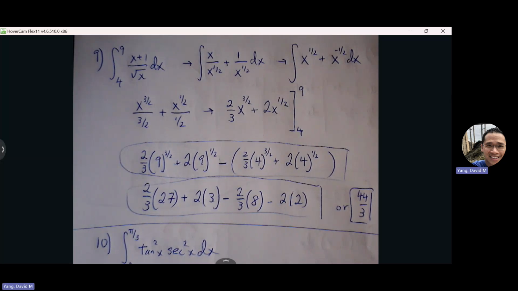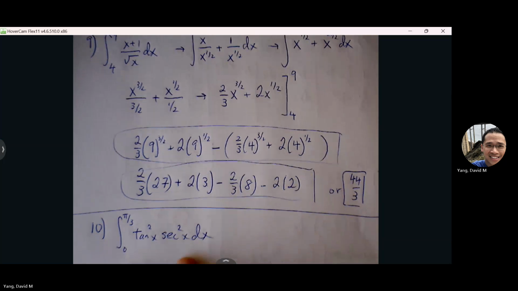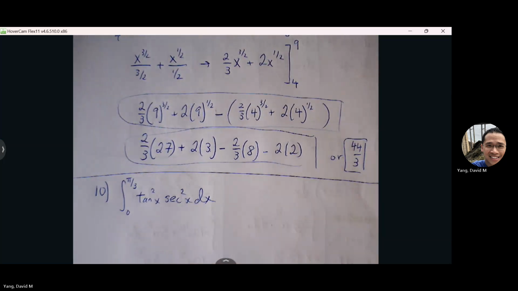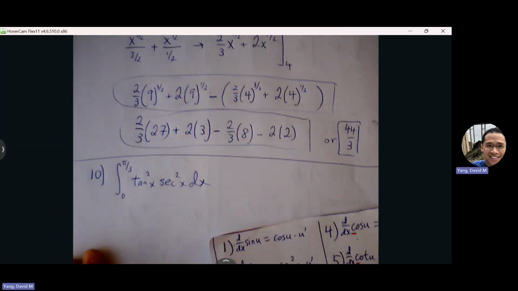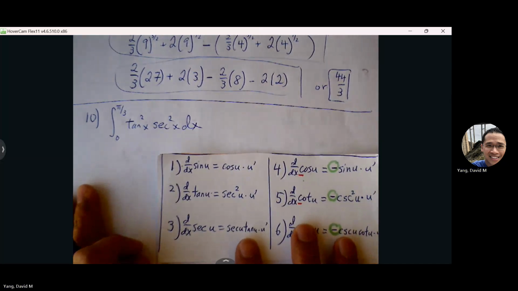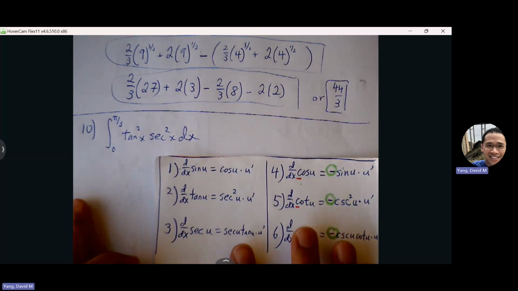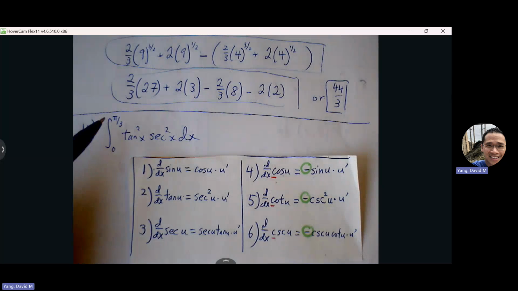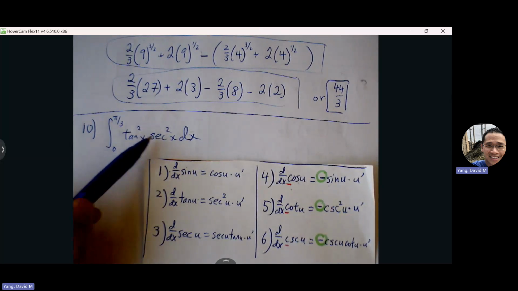Okay, number 10. Okay, so the first thing that we need to understand with definite integrals is that the power of 3 and 0 are not going to be involved with this expression, right?